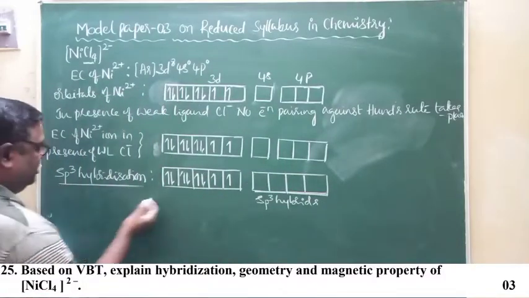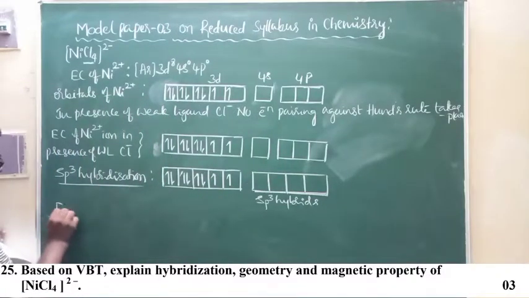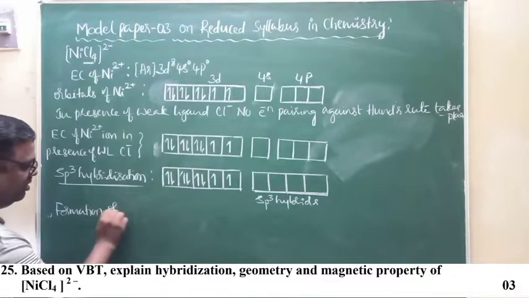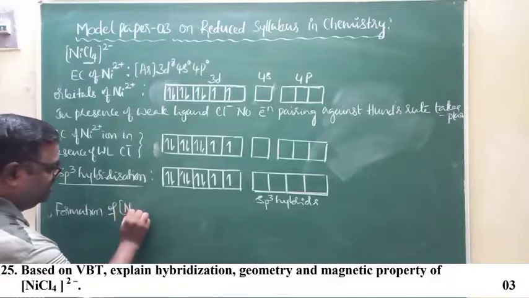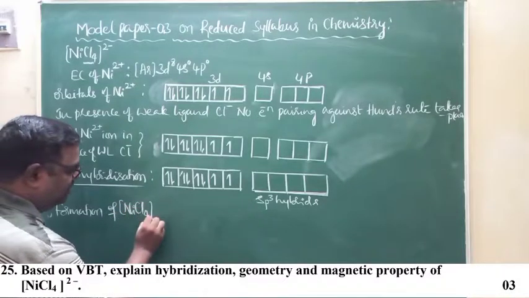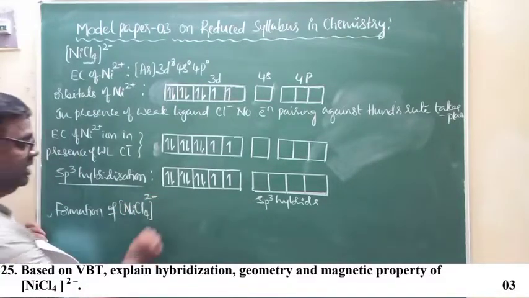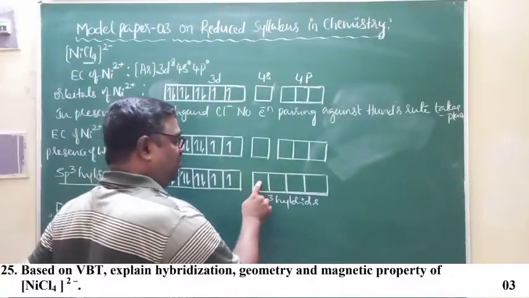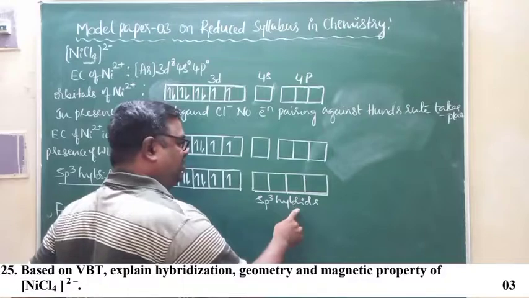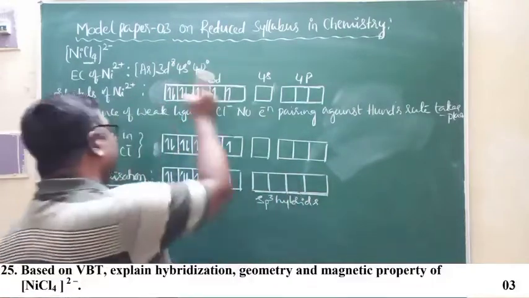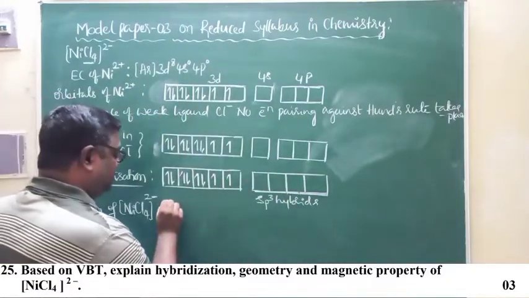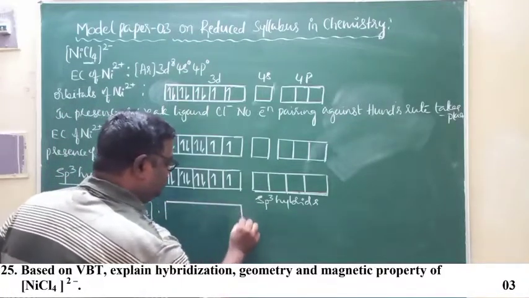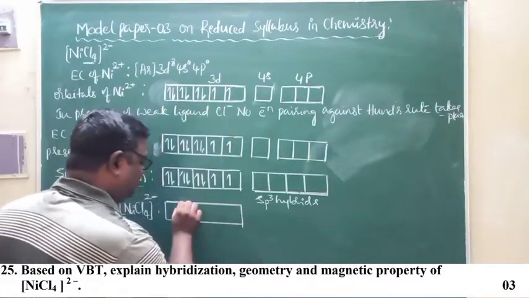That is how the complex [NiCl4]2- forms, because of the overlapping of 4 empty sp3 hybrid orbitals of nickel plus 2 with 4 filled orbitals of ligands.